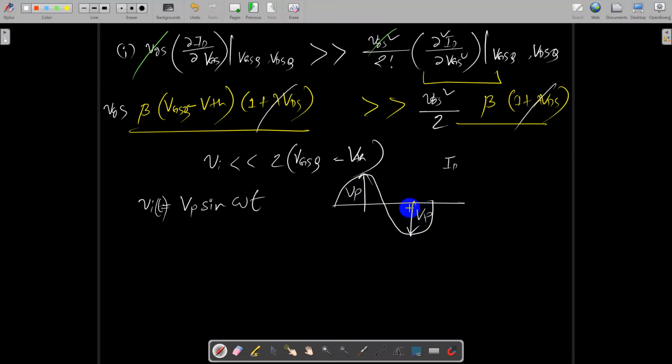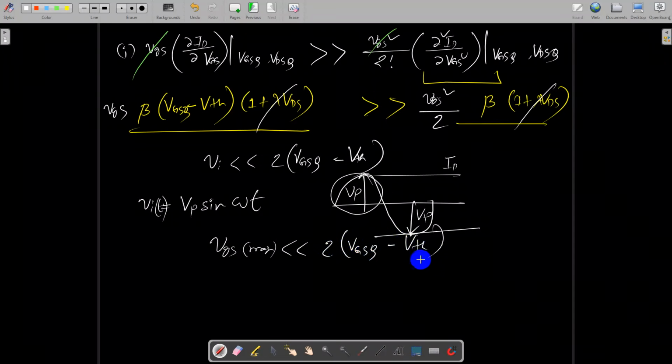So you can say that your maximum VGS is Vp, so VGS peak to peak voltage is 2 Vp. So you can say that this should be less than twice VGSQ minus VTH, and this VGSQ minus VTH is your overdrive voltage VOV.